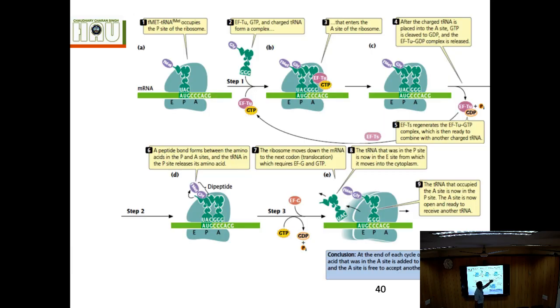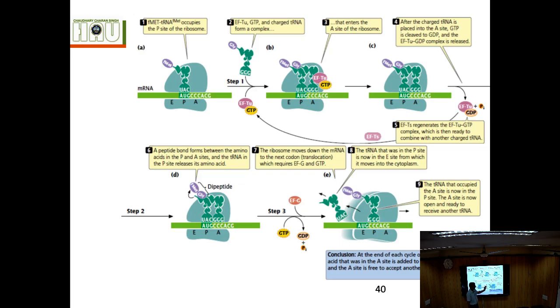Then the peptide bond formation takes place between the amino acids of the two tRNAs, and the ribosome moves down to the next codon. That is the translocation of the ribosome. For this, another elongation factor, EF-G, as well as the energy from GTP is required.